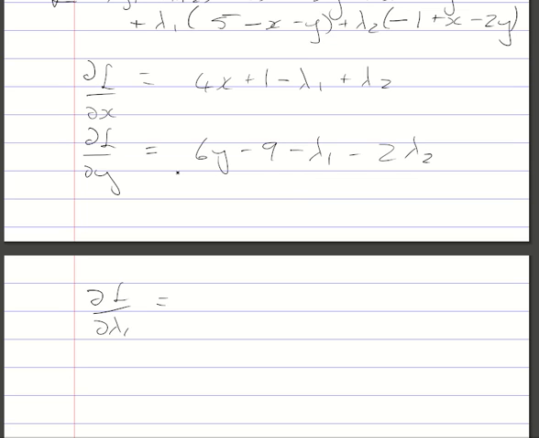Now the only term in which lambda 1 appears is up there, and so the derivative is just b1 minus g1, and the derivative with respect to lambda 2 is just minus 1 plus x minus 2y. And of course we set all of these equal to 0.